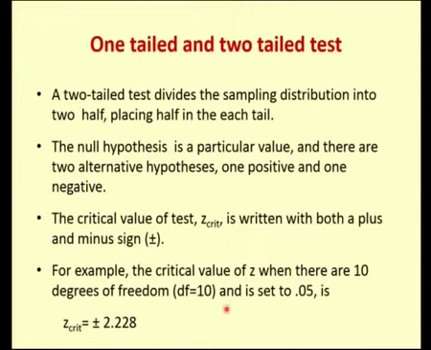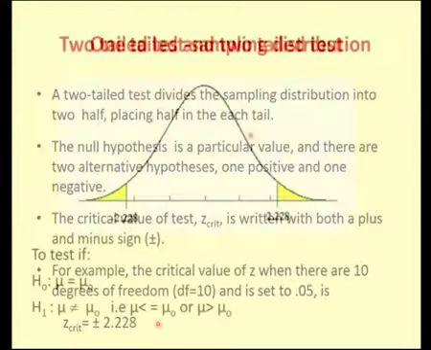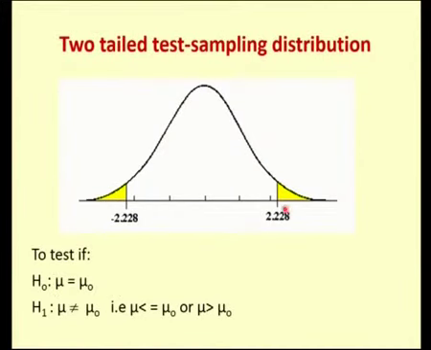For example, a critical value of Z at the 5% level of significance is Z critical equal to plus or minus 2.28. We will see that in a figure. This is my normal distribution, and if you see here the two-tailed test, mu is equal to mu naught, and in my alternative you see that mu not equal to mu naught.